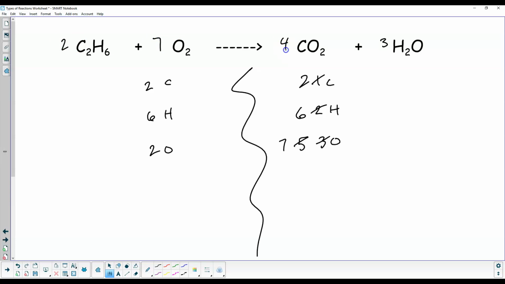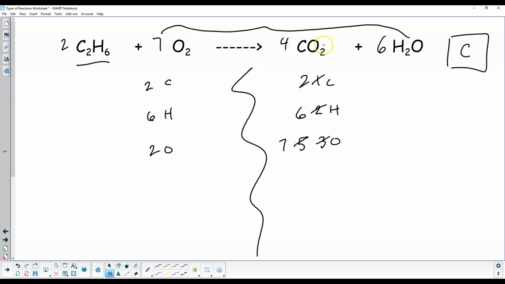This will be 4, and this will be 6. I won't give you one like this. If we had more time, we'd do them. But anyway, don't worry if you couldn't balance this one. This is a combustion, though, because you have a hydrocarbon, and then this part is always the same. O2, CO2, H2O.